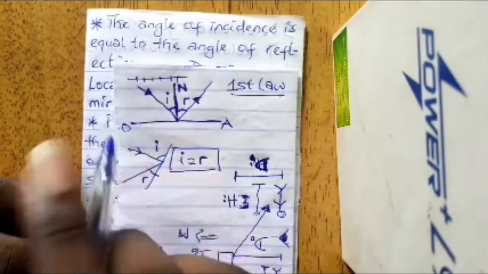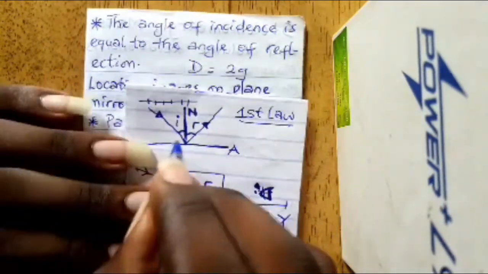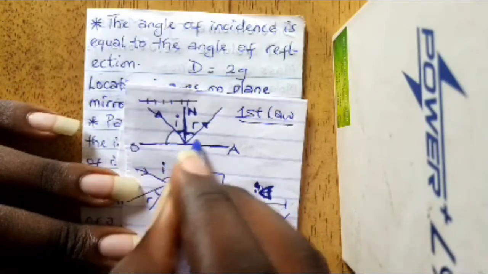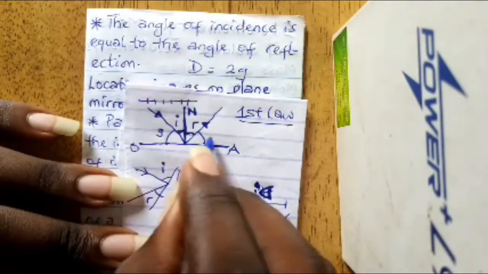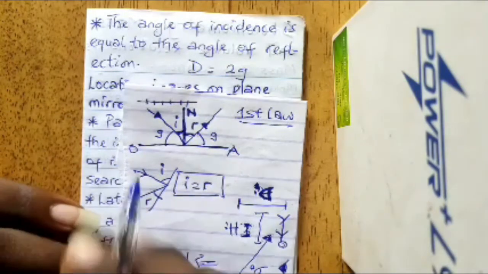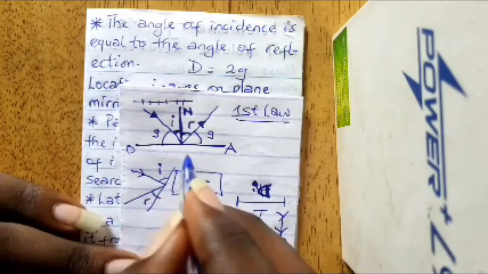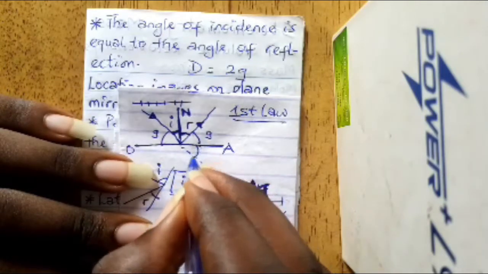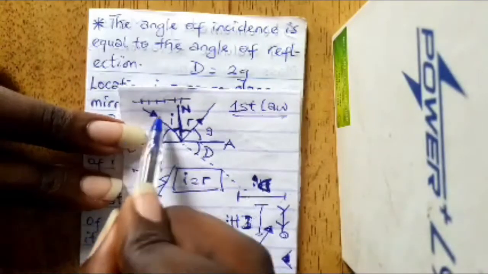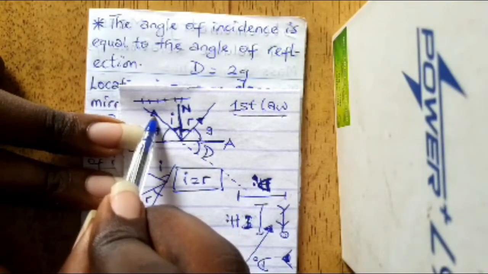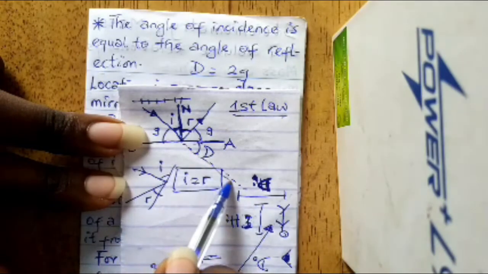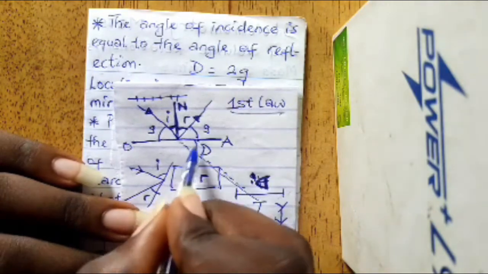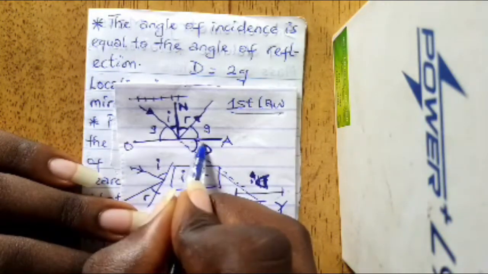So in analyzing this simple diagram, we have our angle of incidence I and angle of reflection R. Now we also have two other angles here. This is referred to as the angle of glance, G. We also have an angle of deviation, which is known as D. Now if this incident ray was said to pass through this medium and continue its mode of propagation, which is refraction, it will be said to have moved with D, the angle of deviation.